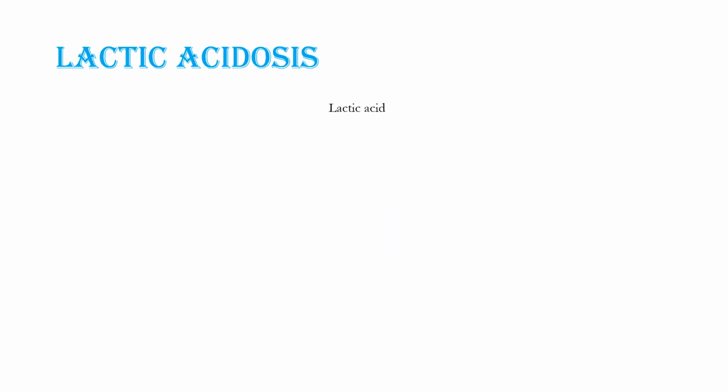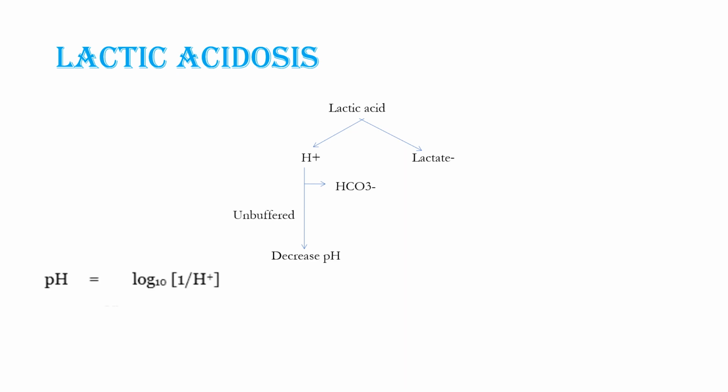In lactic acidosis, there is endogenous production of lactic acid, and this breaks into hydrogen ions, which are positively charged cations, and lactate ions, which are the anions. These hydrogen ions, a part of them get buffered by bicarbonate, which neutralizes them, but the remaining unbuffered part leads to a decrease in pH, as we know that pH is the log of the inverse value of hydrogen ion.